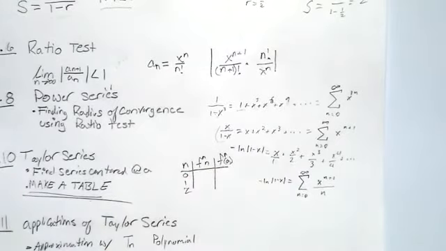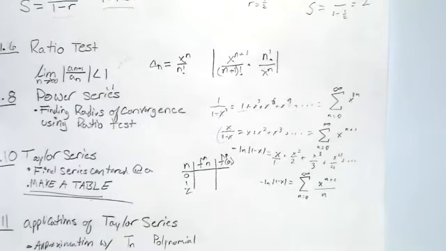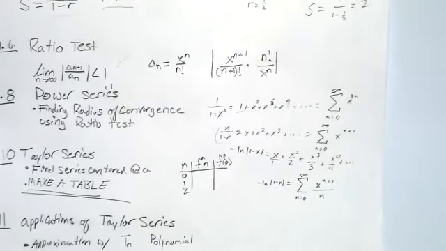And then applications of Taylor series, so approximation. We don't always go out to an infinite number of terms. We typically go to like 5 or 6 terms. So know approximation and estimated accuracy using that.